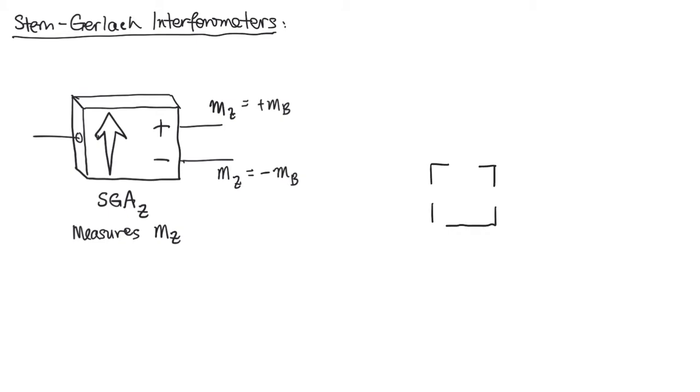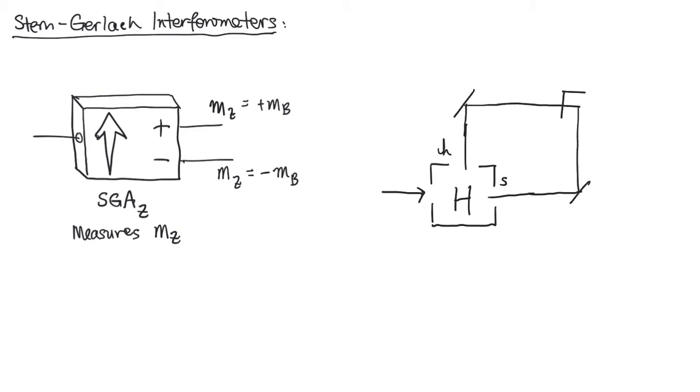So in particular, if we took the hardness box with one input and two outputs, we had the hard output and the soft output. And if we then use mirrors to redirect these atoms and a merger box to merge these atoms, now we have an interferometer.